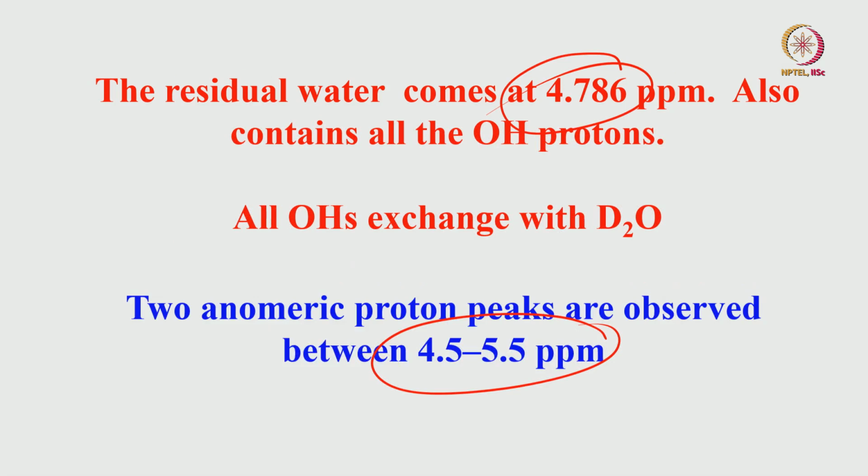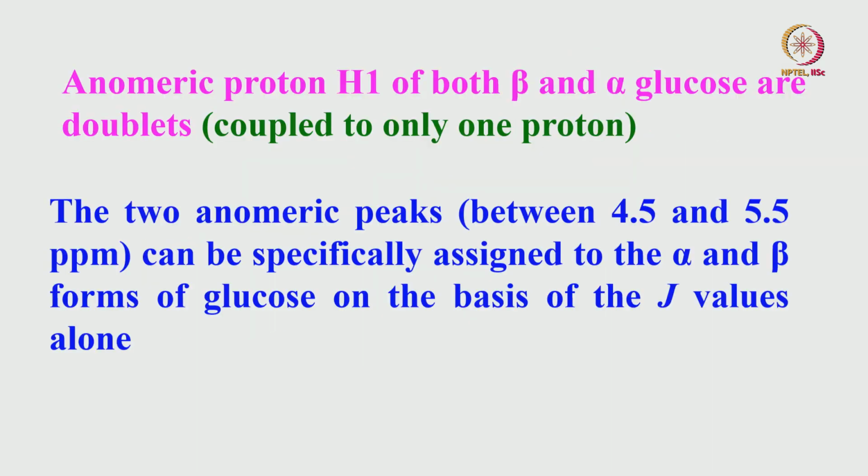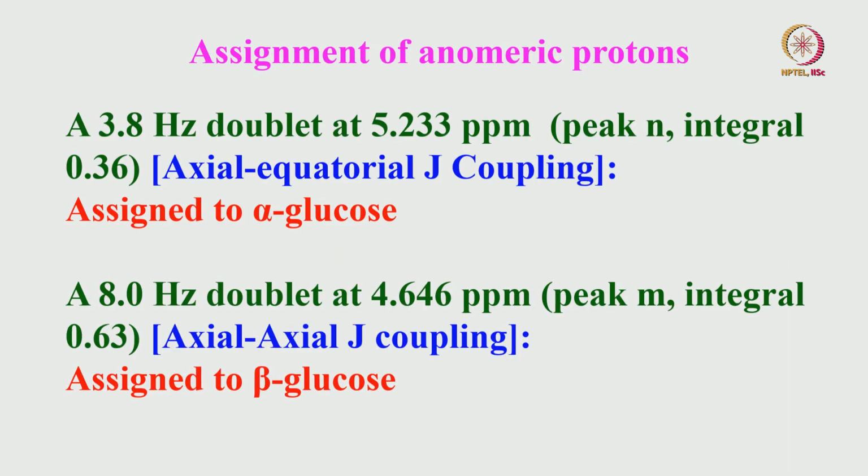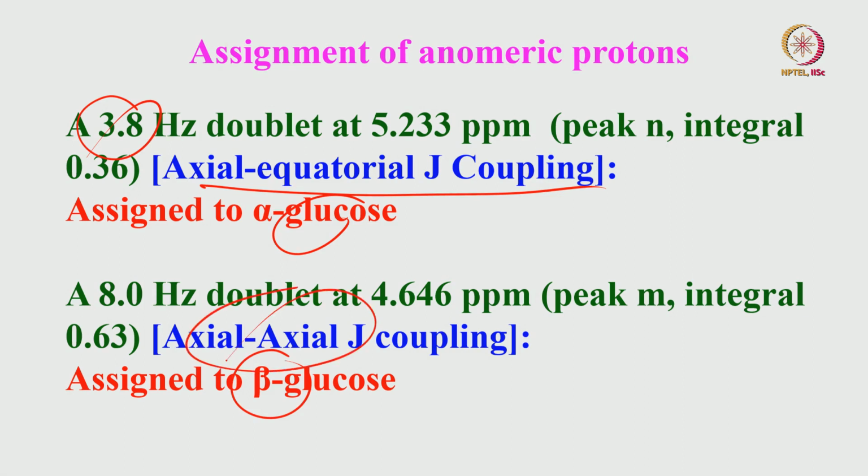So from the anomeric proton peak, start making the assignment. If you know the anomeric proton, we can assign based on the J values itself. Why? Because remember, in the case of alpha glucose, the doublet is from axial-equatorial coupling, which is small, whereas in beta glucose it is axial-axial coupling, which is quite large.